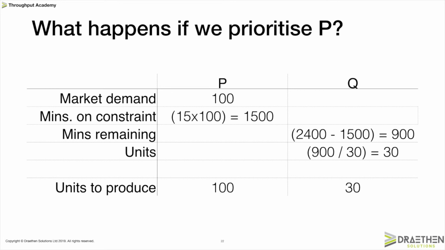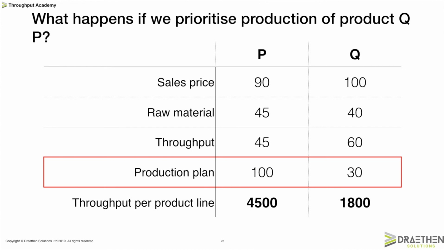Each product Q takes 30 minutes of blue's time, so 900 divided by 30 equals 30, meaning we can produce 30 units of product Q in addition to the 100 units of product P that we've already produced, and that is our production plan. So let's see what that production plan does to our financials.